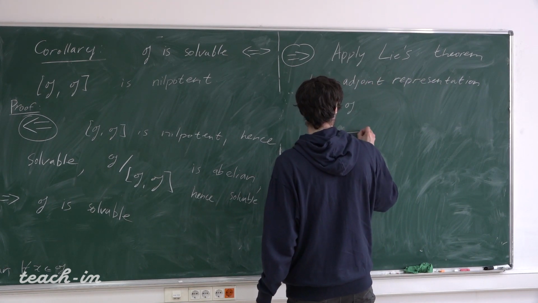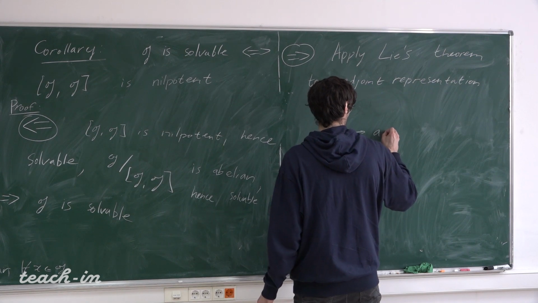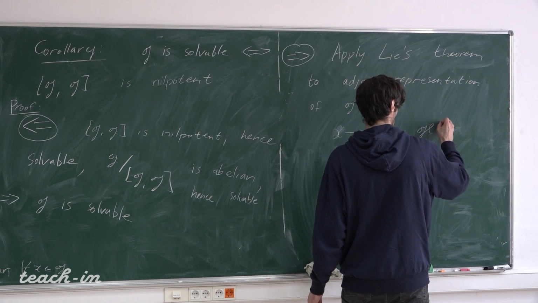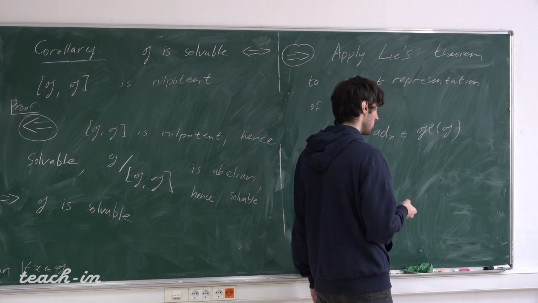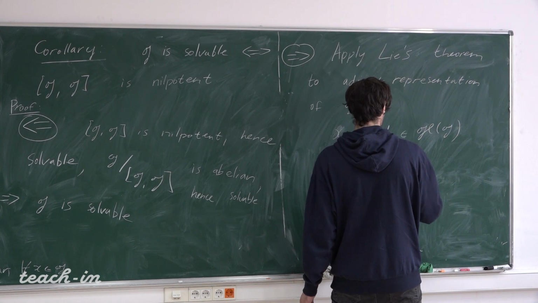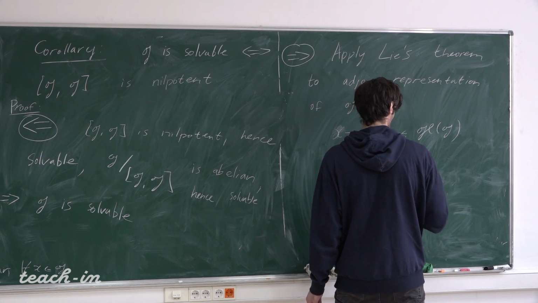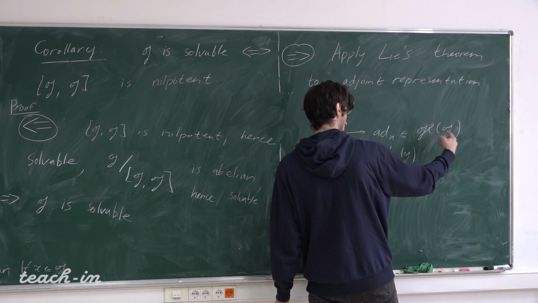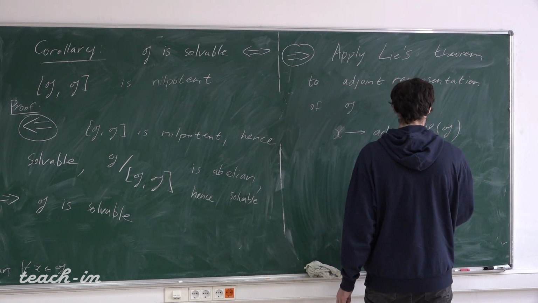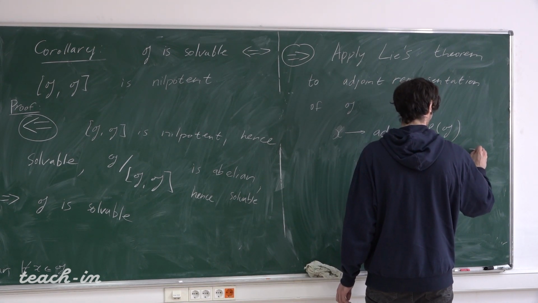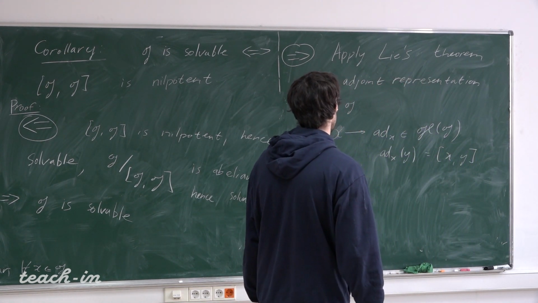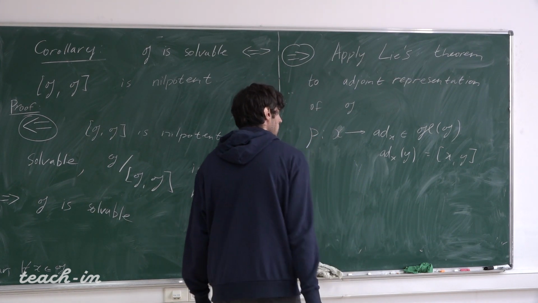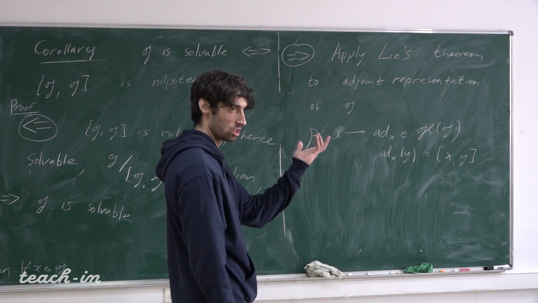So X is sent to ad X, which is a linear transformation of G itself, and ad X acts on some other element of G as follows. So this is our rho, and V is G in this case.